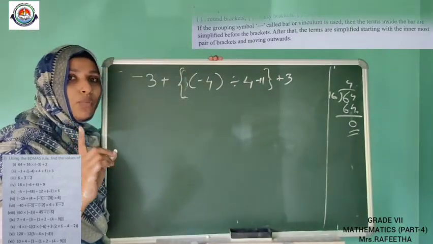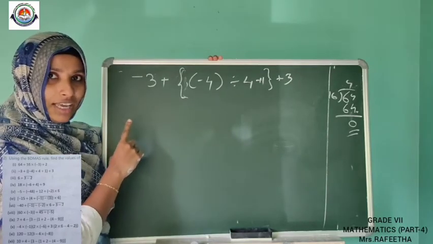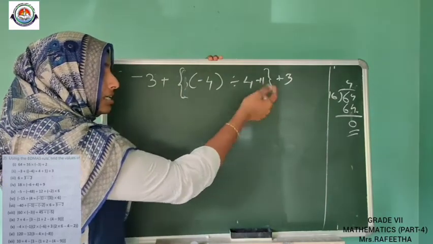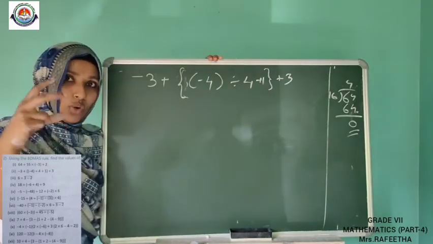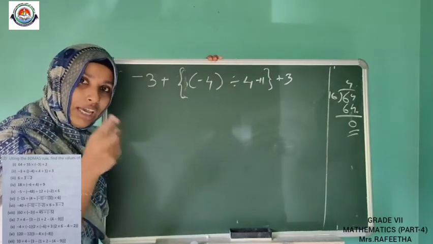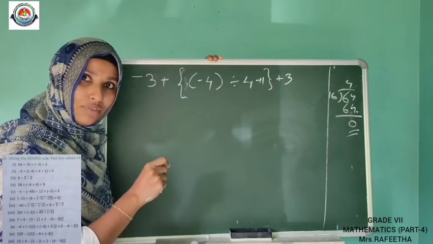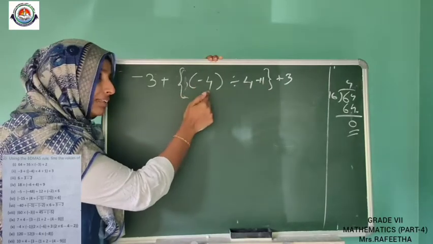First, what do we want to do, is there any bracket here? Check whether any bracket is there. Yeah, we found that. How many brackets? One bigger bracket, inside that another small bracket. So first we want to solve inside. If a problem is there inside the house, we want to solve that problem inside first, then only we can go out, right? Like that. Here inside the bracket another bracket is there.